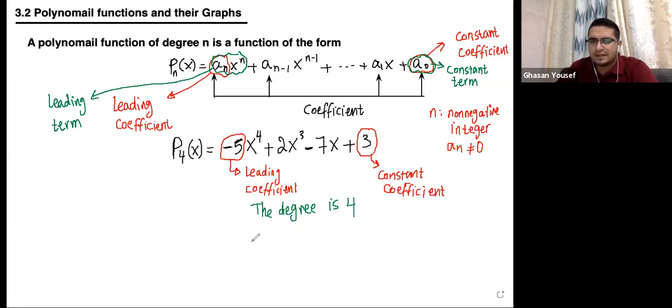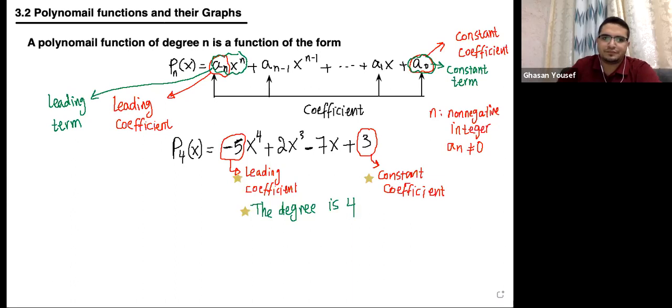Okay, what is the leading term? What's the leading term here? x to the power 4, this is correct. x to the power 4 is the leading term.